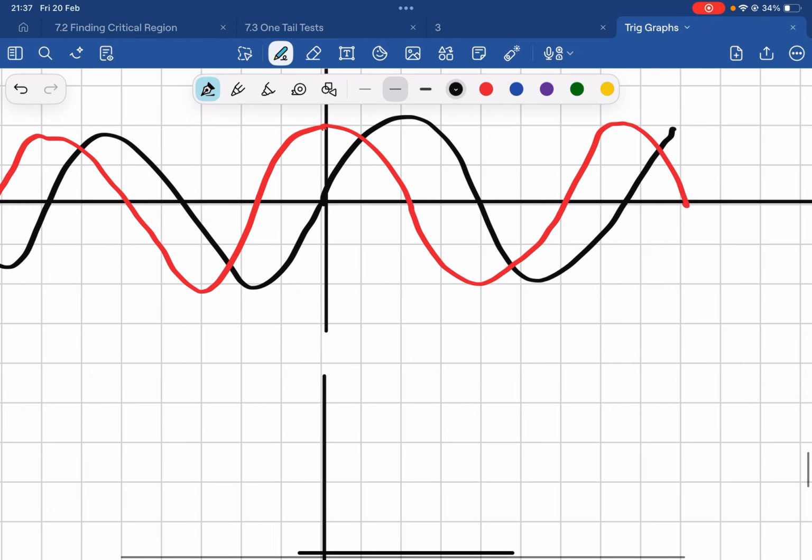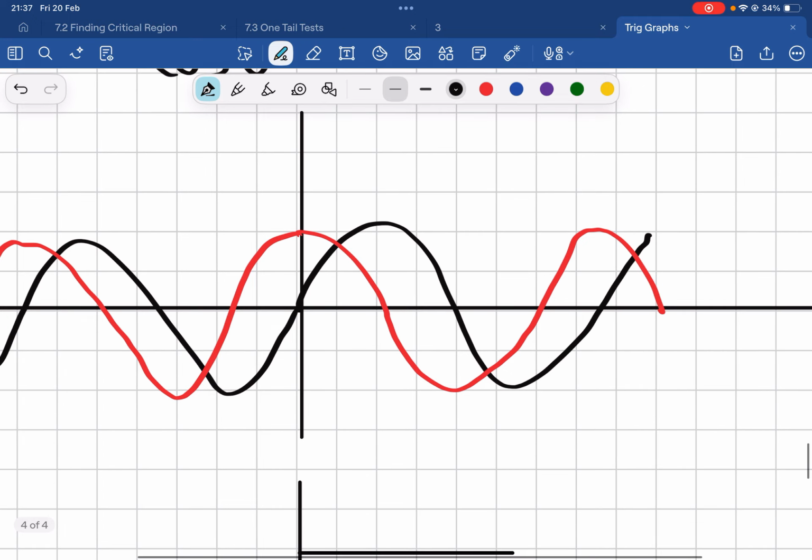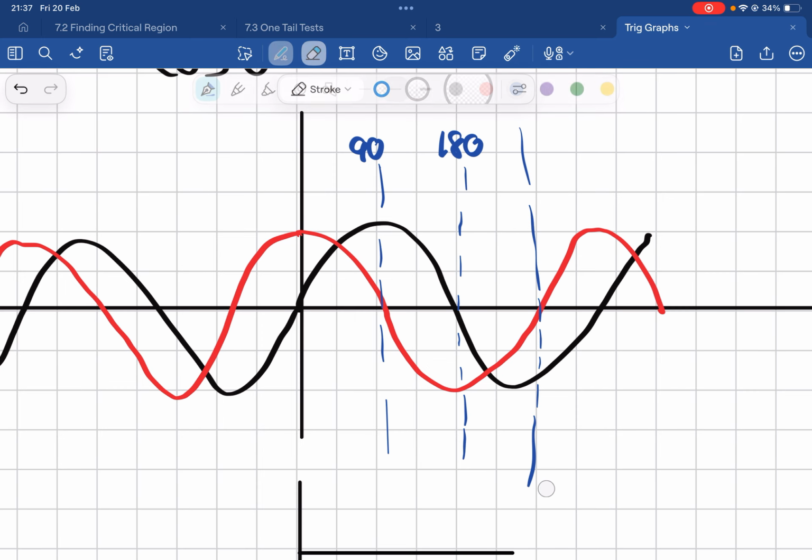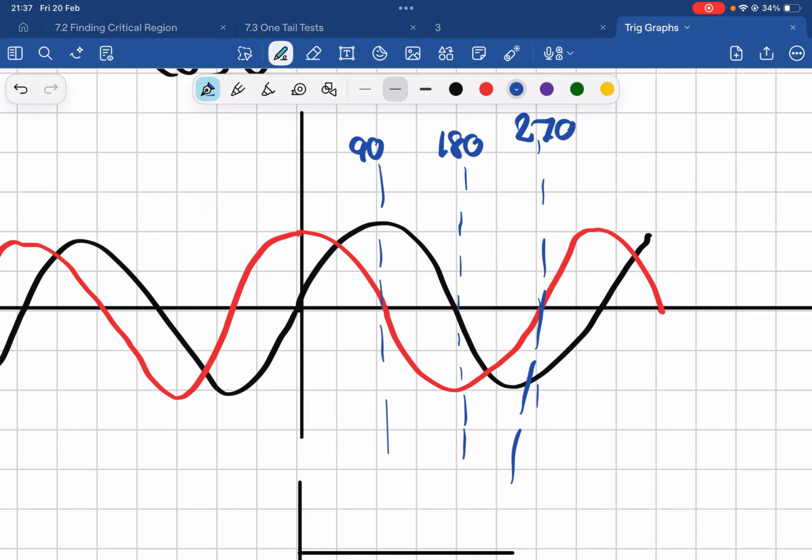So let's work in intervals, right? I think it's wise to work in intervals of 90, 180, 270, then 360.